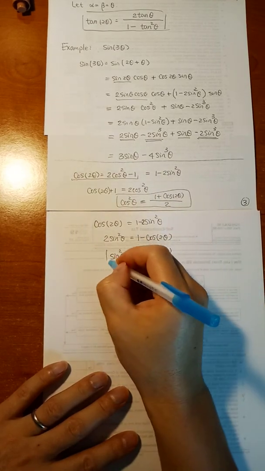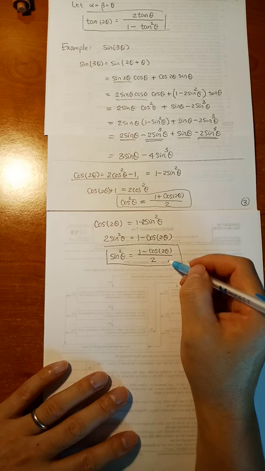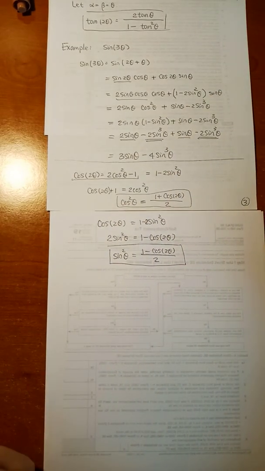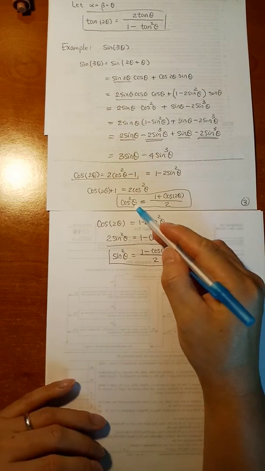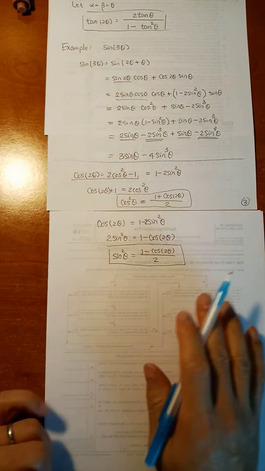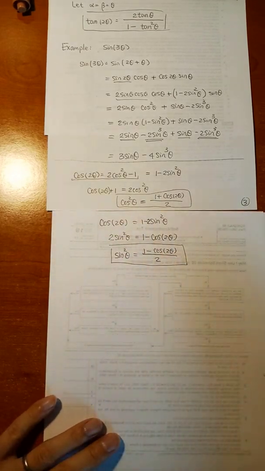We get sine theta squared is equal to 1 minus cosine 2 theta over 2. So cosine theta squared equals 1 plus cosine 2 theta over 2, and sine theta squared is equal to this one. We reduce the degree from 2 to 1. That is the purpose.